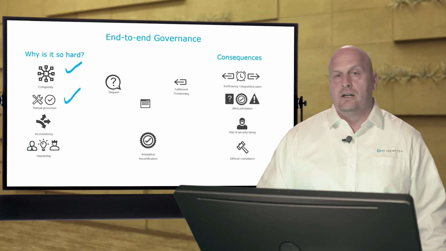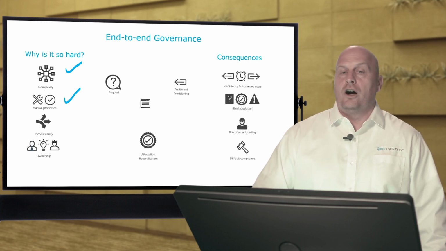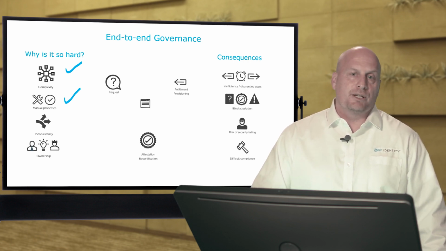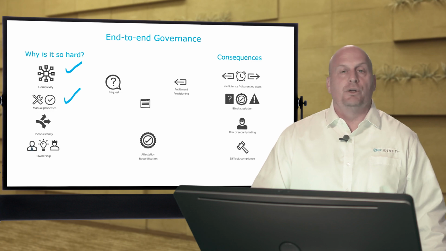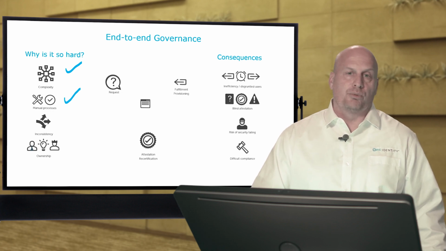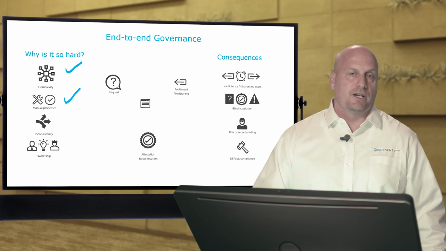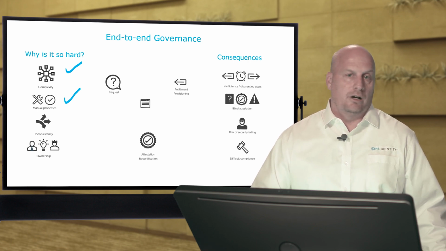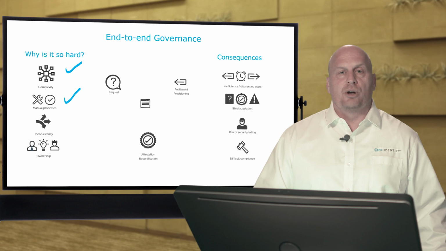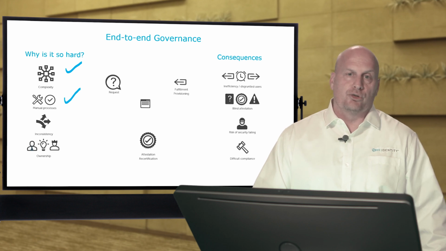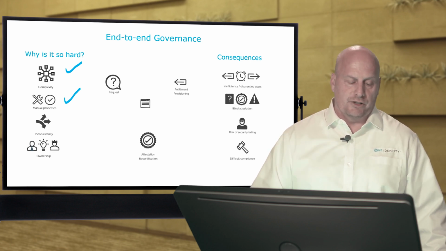Manual processes. Often we have automated tools to do some aspects of governance on some systems, but we don't have them for everything. So you have a manual process for provisioning and for attestation and for request and fulfillment, on other systems. So any manual process is going to slow things down and introduce more problems, more incidents of error.